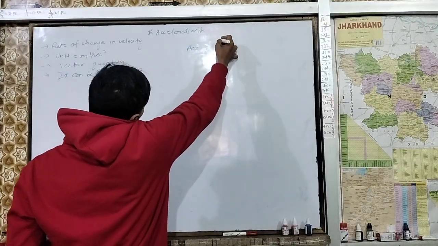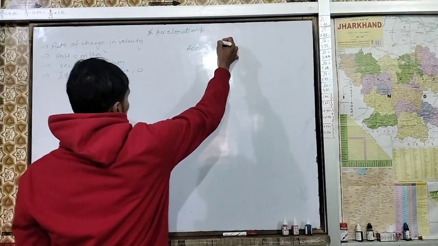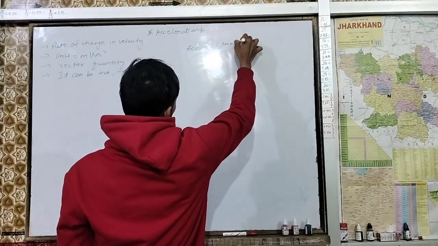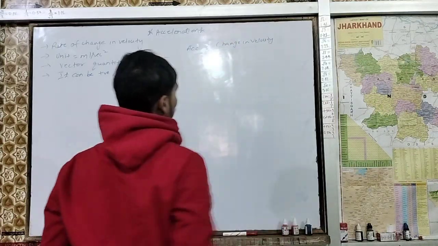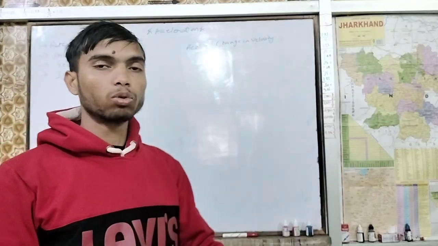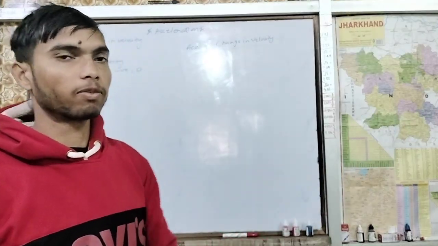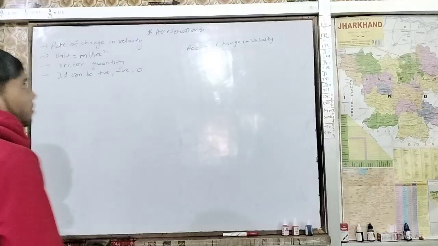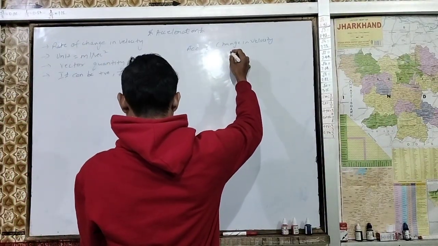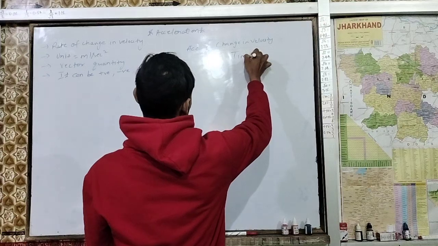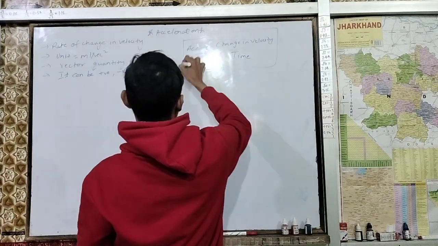The formula would be change in velocity upon total time. To calculate the change in velocity, we take final minus initial. This is our formula to calculate simple acceleration.